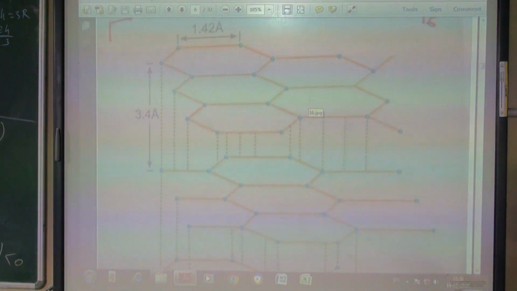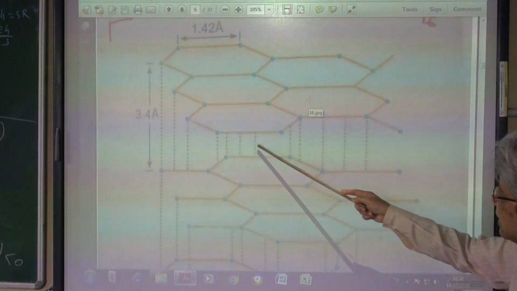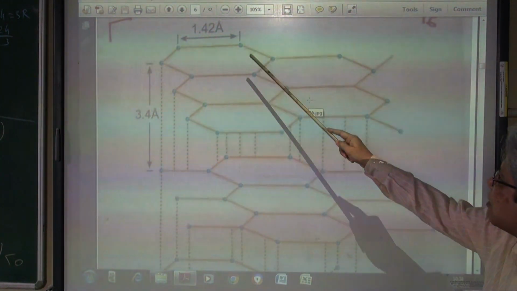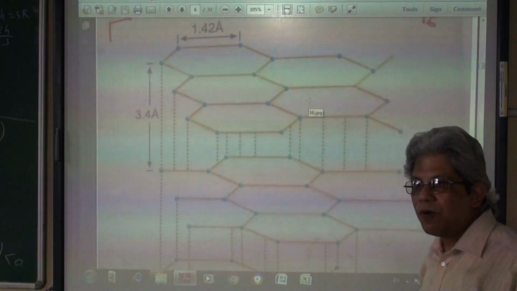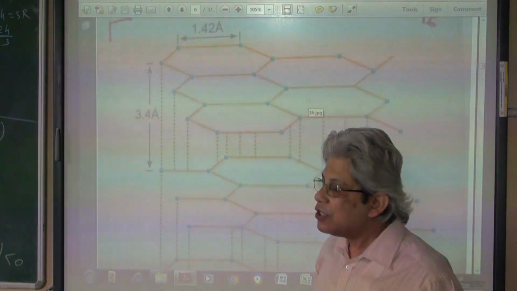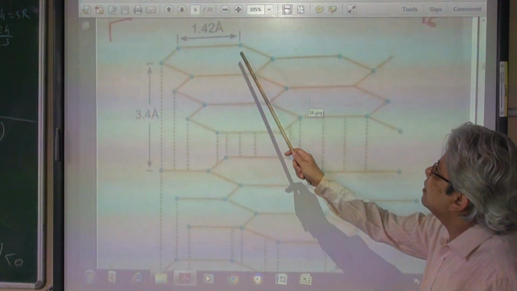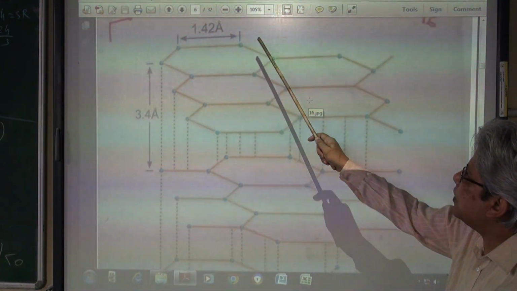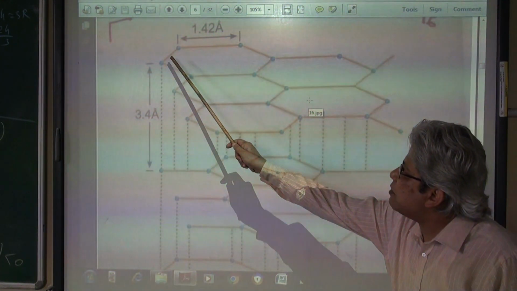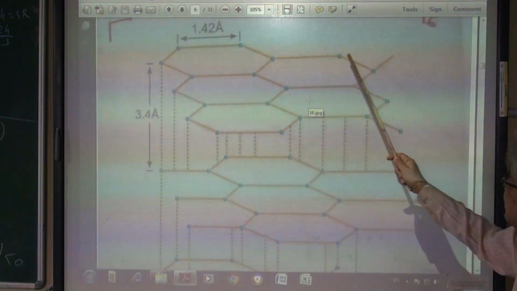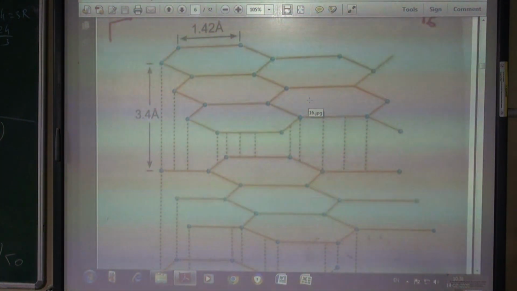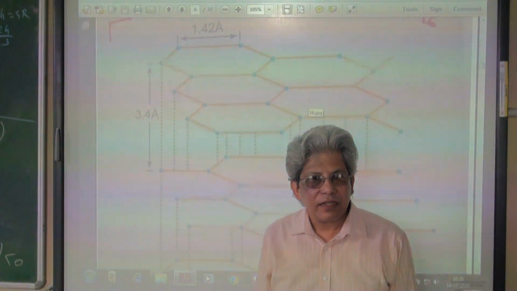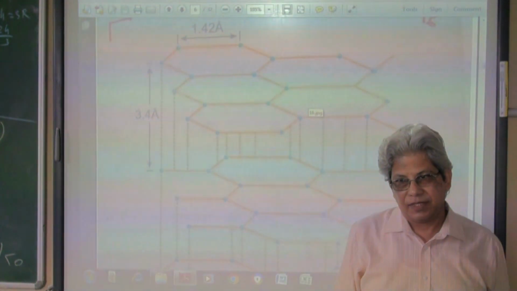Not only that, as these vertically placed pure p orbitals are occupied by one electron each, they have a place to jump from one orbital to another and can move from one end to the other. As a result, they can conduct heat and electricity.